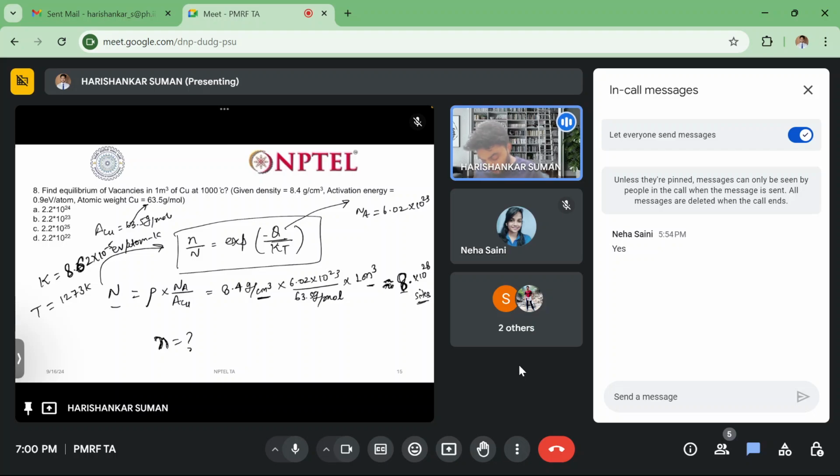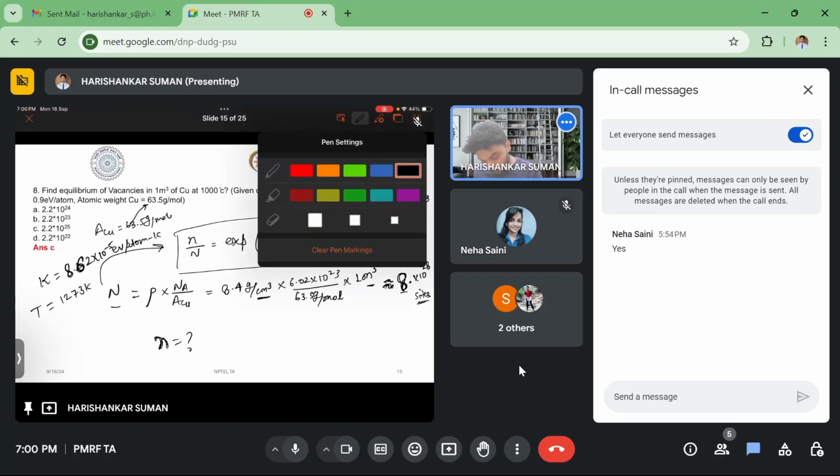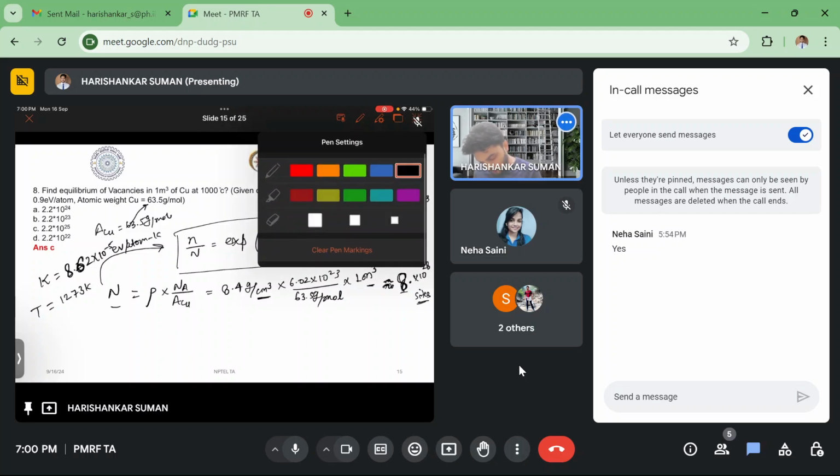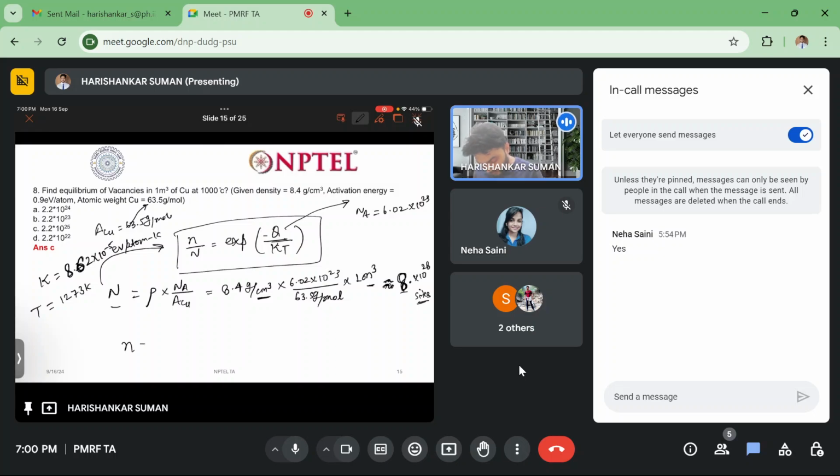So let me solve. N equals N0 multiplied by exponential of minus Qd, the activation energy, upon kT.